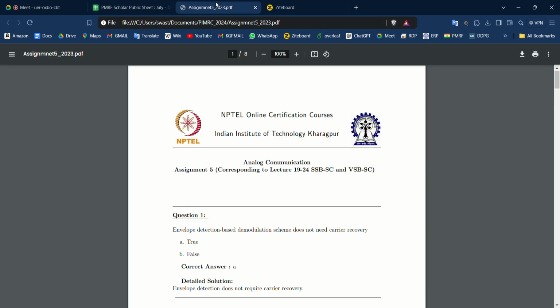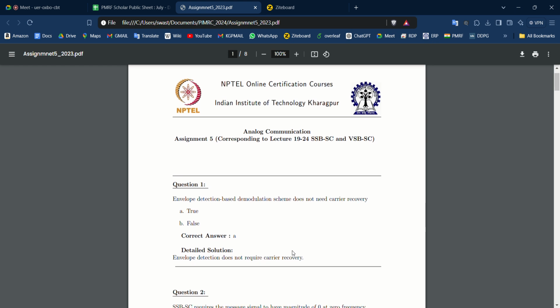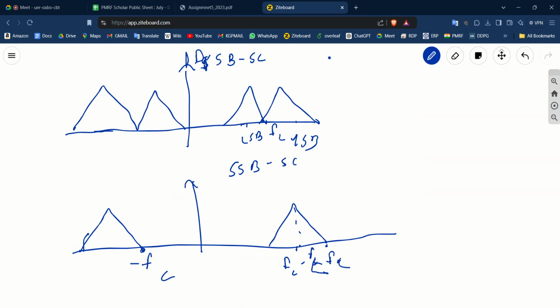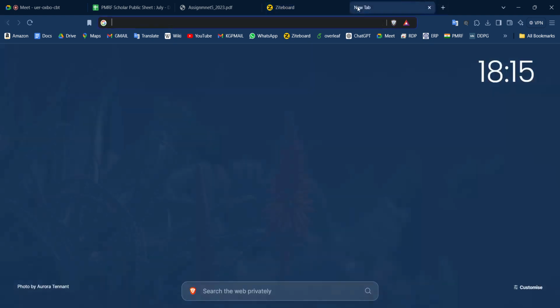Now, the first question: an envelope detection based modulation scheme does not require carrier recovery. So what is an envelope based detection scheme?